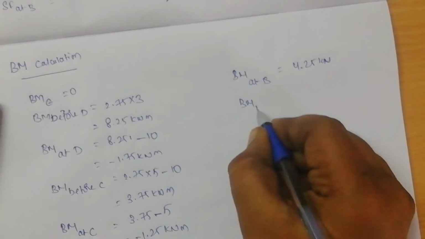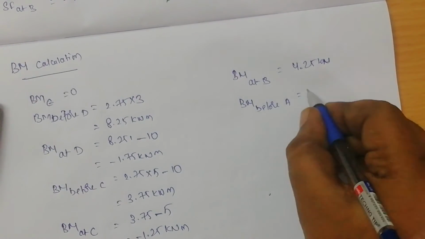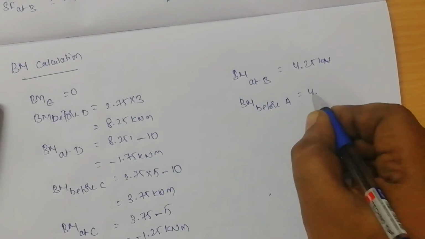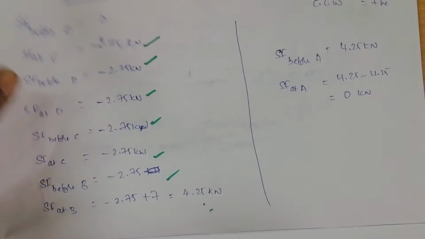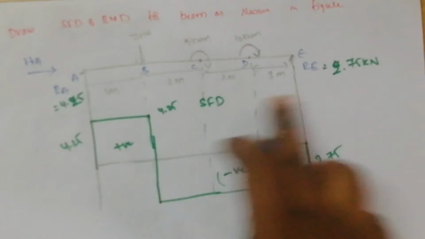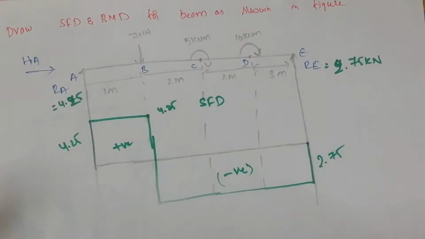Next is bending moment before A, which is equal to 2.75 into the distance from E point to A point. Total distance is 3 plus 2 is 5, 5 plus 2 is 7, 7 plus 1 is 8.